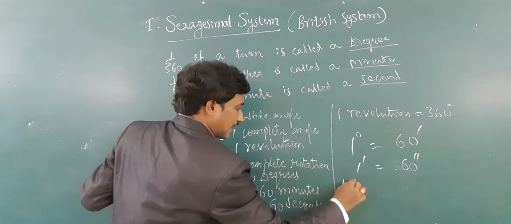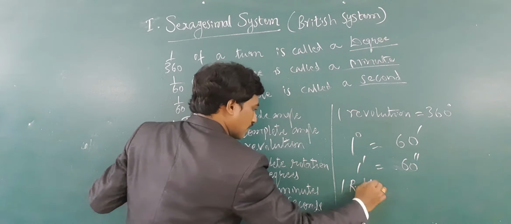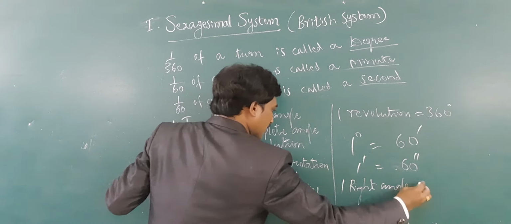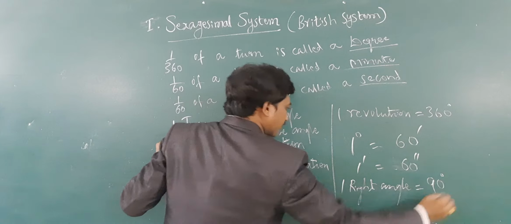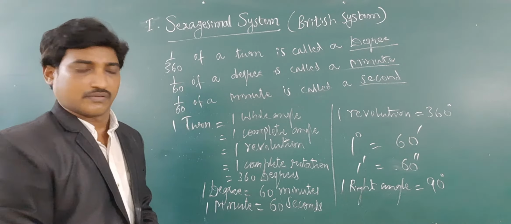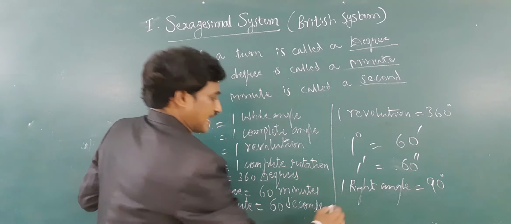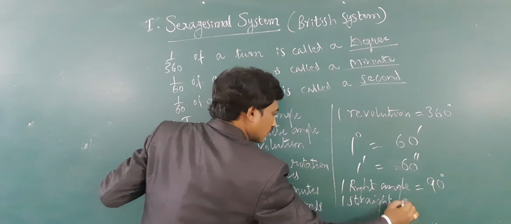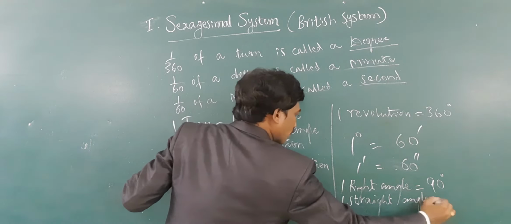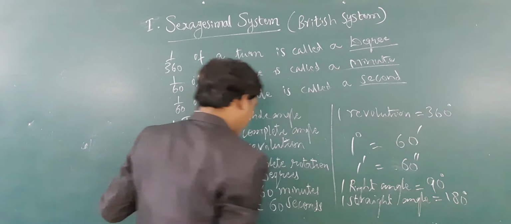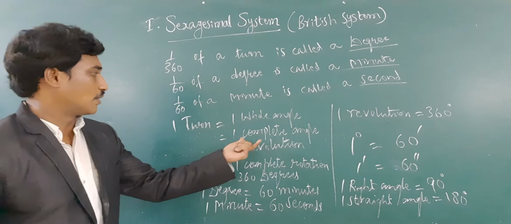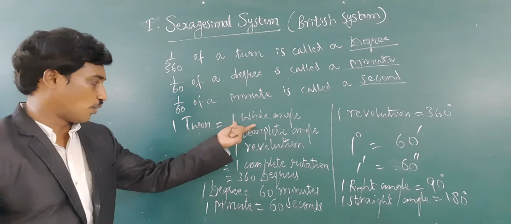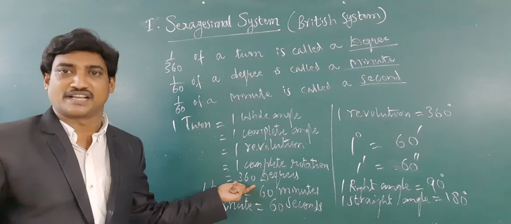And 1 right angle is 90 degrees. 1 straight angle is 180 degrees. 1 complete angle, one whole angle, is 360 degrees.